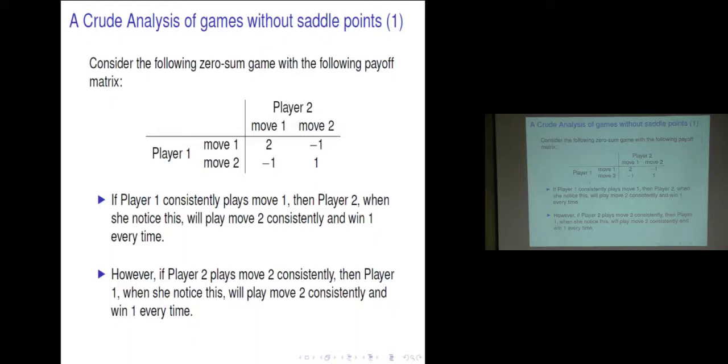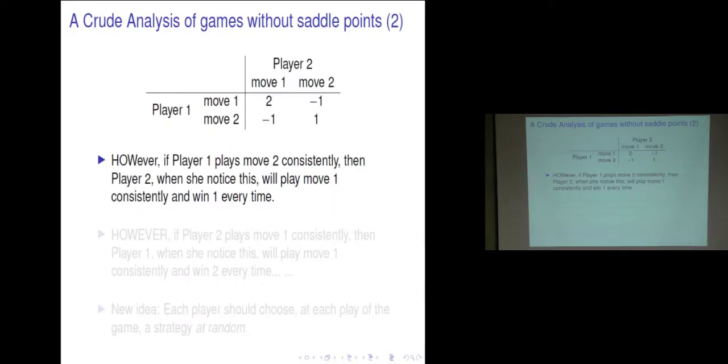Then, if player 1 always plays strategy 2, player 2, being clever, will not play move 2 anymore. She will move to strategy 1, and in this case player 2 will win 1 every time. So we are here and there.